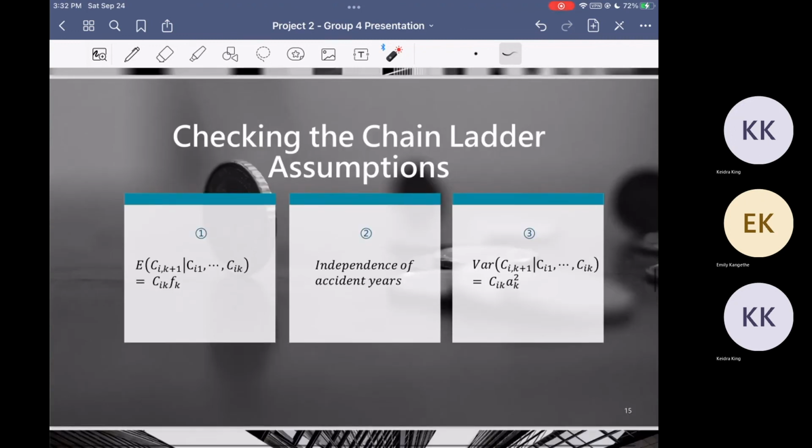And here we have our three assumptions. The expected value of CIK plus 1 given CI1 to CIK is CIK times the H-to-H factor.